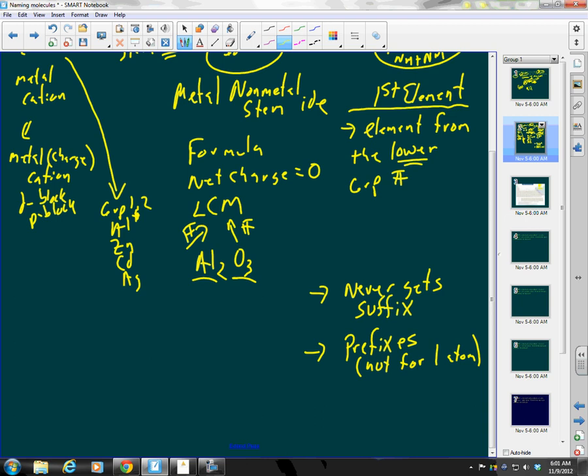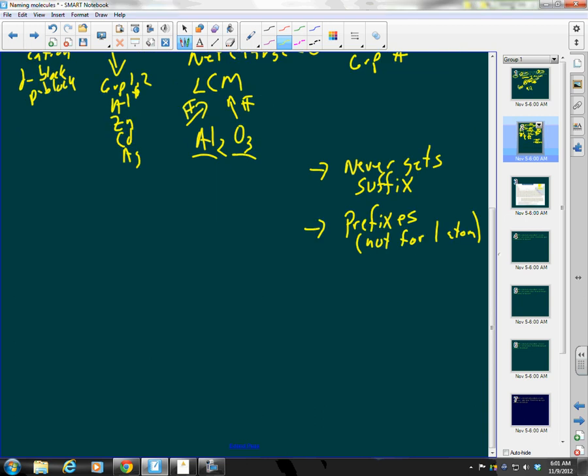So what are these prefixes? If I have one atom, there is no prefix. Two, di. Three, tri. Four, tetra. Five, penta.